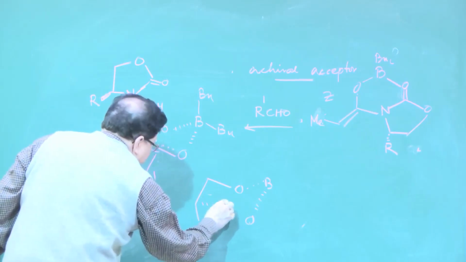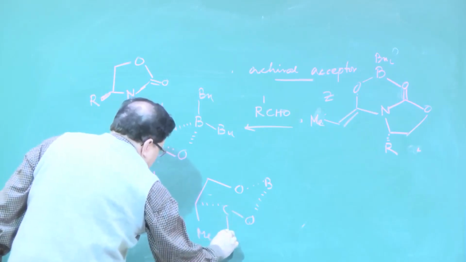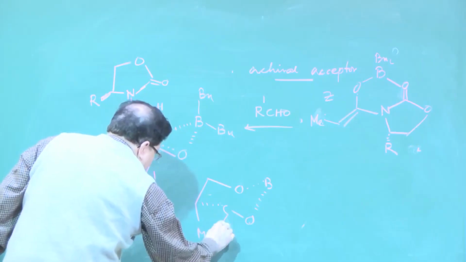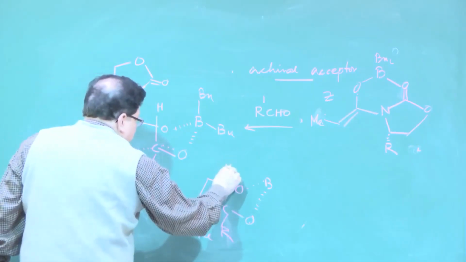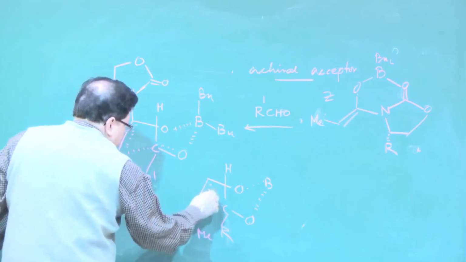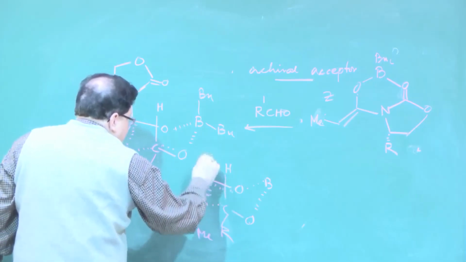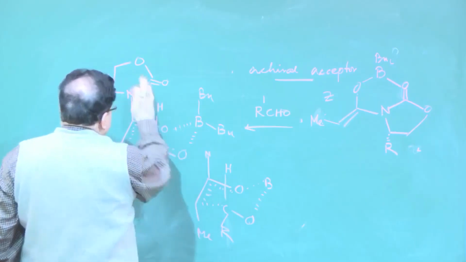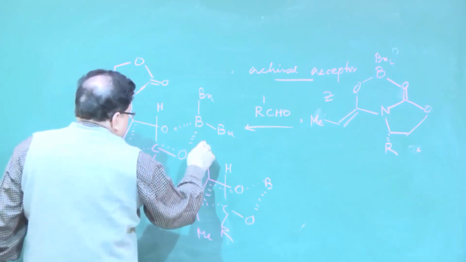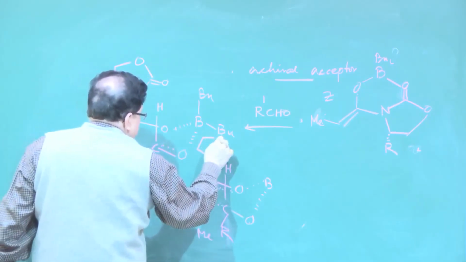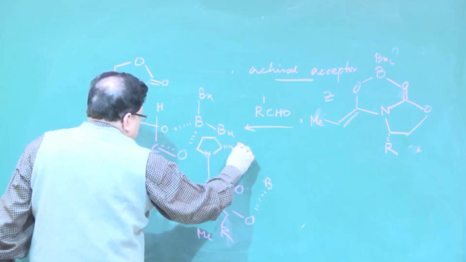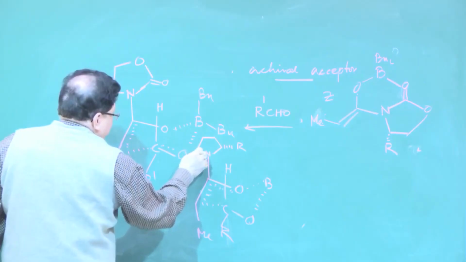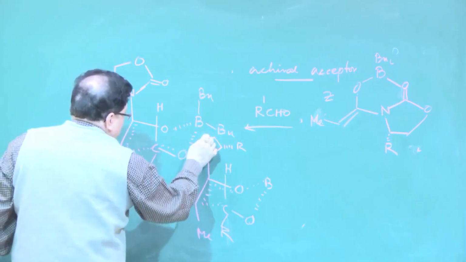You do not change anything here, because that is demanded by the syn selectivity, that the R has to be in the equatorial position. This is your N, just rotate this. So, now this is R, this is your carbonyl, this is the oxygen.